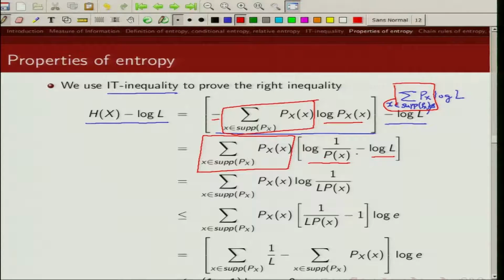Now minus log of L can be written as plus log of 1 by L, and if I have log A plus log B, that is log AB. So I can combine these two terms and write it like this, log of 1 by L times p of x.